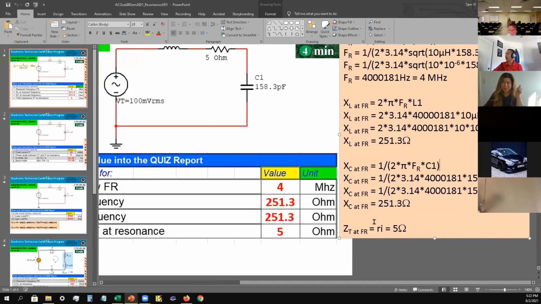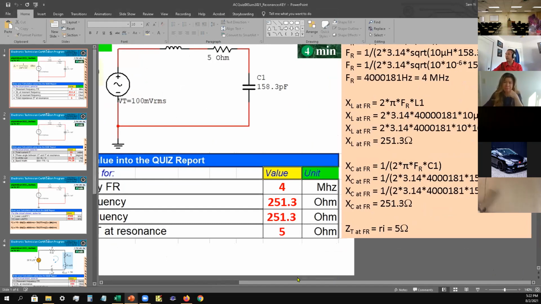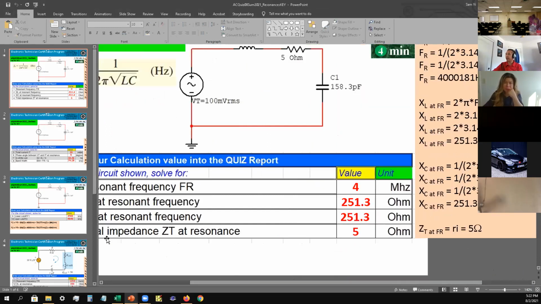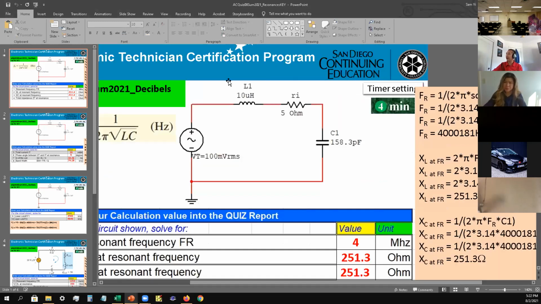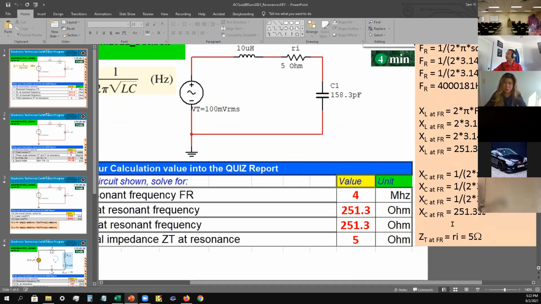Okay, and then the next one, they want the ZT, the total impedance, ZT at FR. In this case, XL is going to cancel the XC, leaving you with just the RI. So the impedance is just 5 ohms.